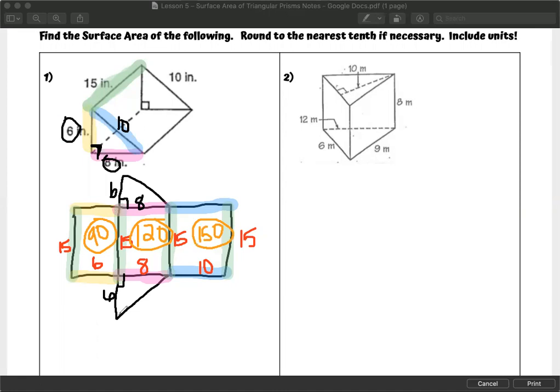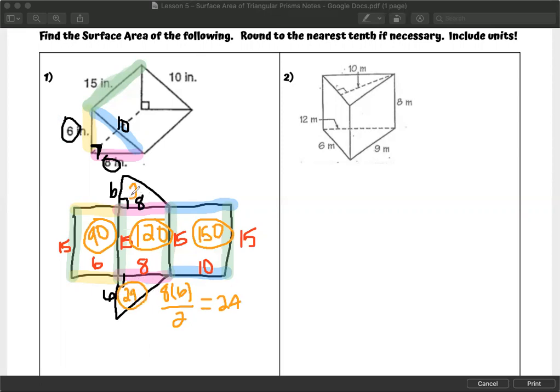Our triangles, we have a base of 8, a height of 6. But remember, we're not just doing 8 times 6. It is a triangle, so we need to divide that by 2. So 8 times 6 divided by 2 is 24. So this triangle is 24.